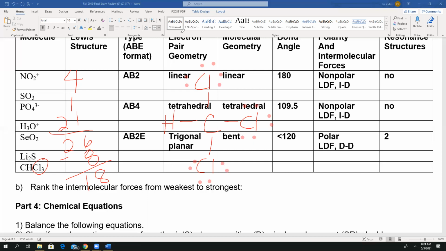What are we? Well, we are an AB4, right? Which means we are tetrahedral both times. Our bond angle is 109.5.